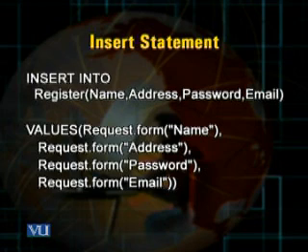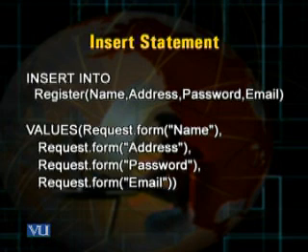So I use this request dot form, and then I, in double quotation mark, write the word name. So that would in fact mean that whatever value the user has typed in the text box name, that value should be inserted in the relevant column in the table register. Similarly, in the next line you see request dot form address.